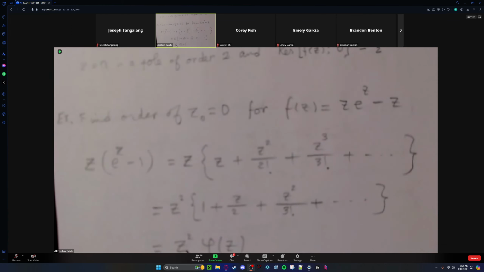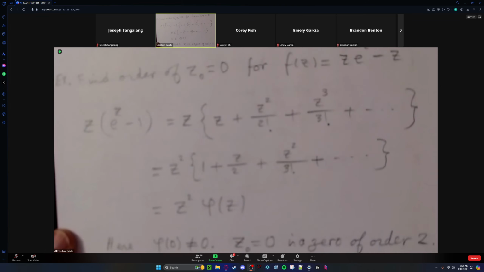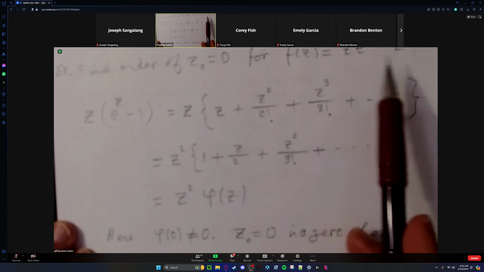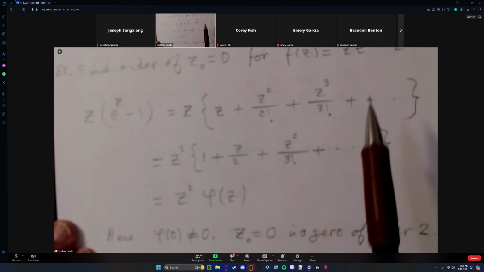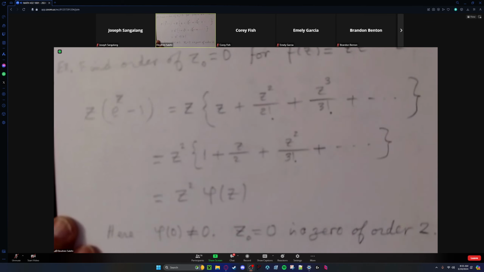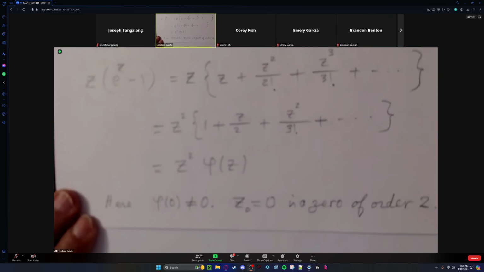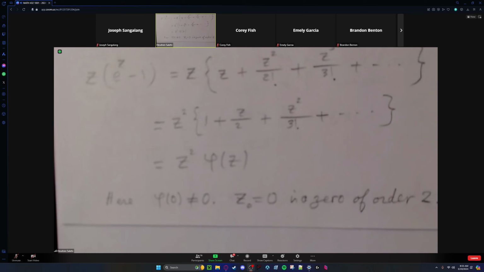So in this case, z equals 0 makes the function 0, of course. But the question is, what is the order of this 0? In this case, the order is 2. The order of this 0 is 2.